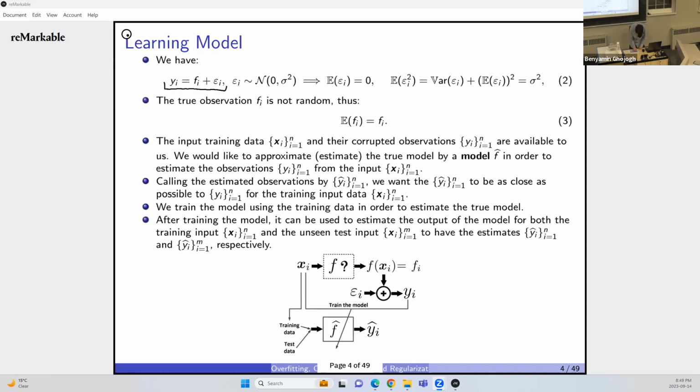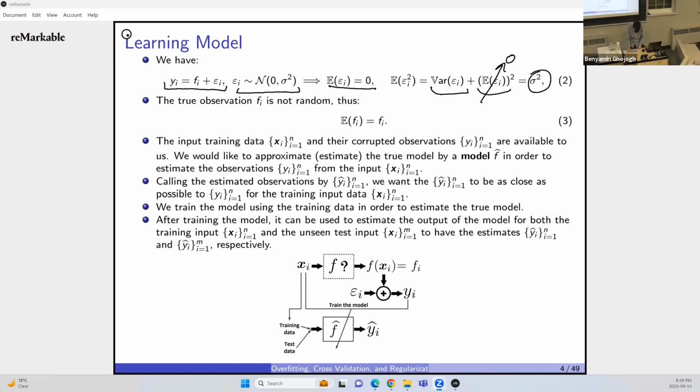Now I have this, and I know epsilon i is this. According to this, the expectation of epsilon i is 0. Its mean is 0. What is the expectation of epsilon i squared? Recall the preliminaries, the definition of variance. I can write it as the variance of epsilon i plus the square of the expectation of epsilon i. What is this? This is 0.